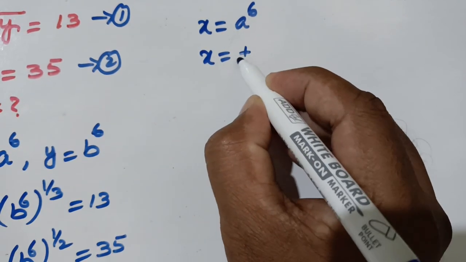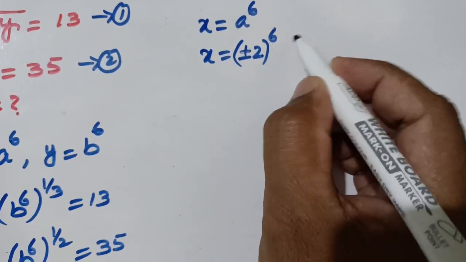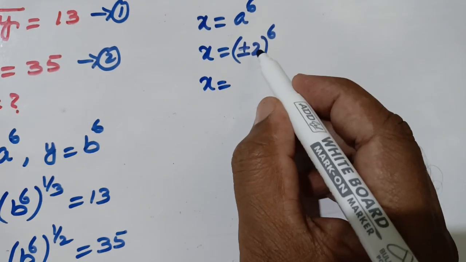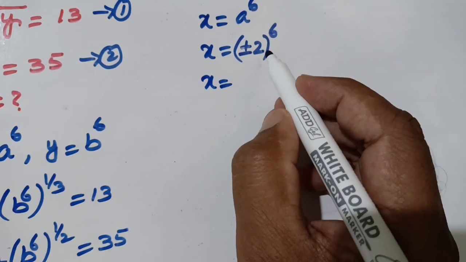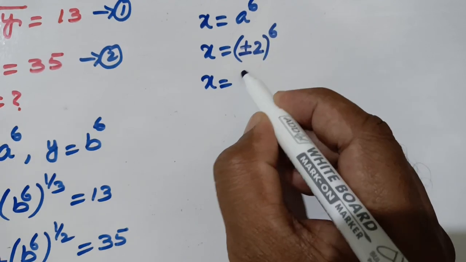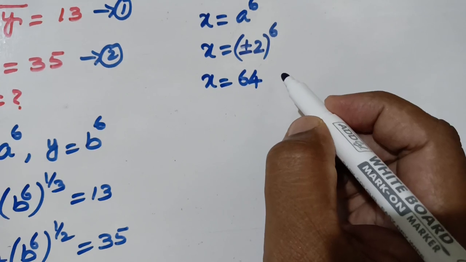So that's why I take both the values. X is equal to plus or minus 2 raised to the power of 6. What is 2 to the power of 6? I know 2 to the power of 5 is 32. So 2 to the power of 6 is 32 multiplied by 2, which gives 64. Whether a is positive or negative, x is positive here.